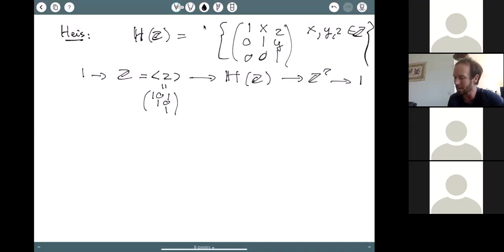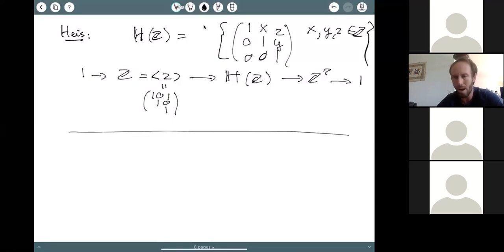So that's an extension of Z by Z square, and we know that amenability is stable under extension. So in particular, Heisenberg is an amenable group. Later on, we are going to see explicit Følner sequences, but right now, just the fact that it's an extension of two amenable groups suffices to show that it's amenable.